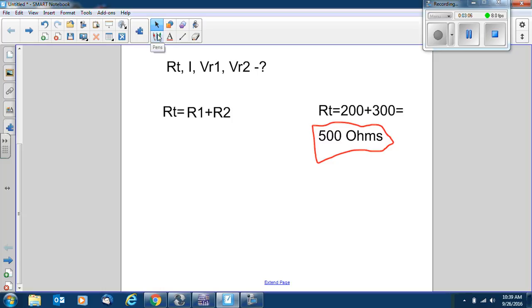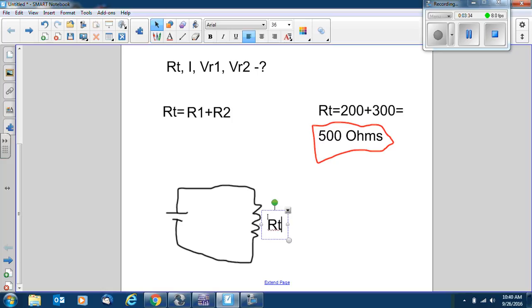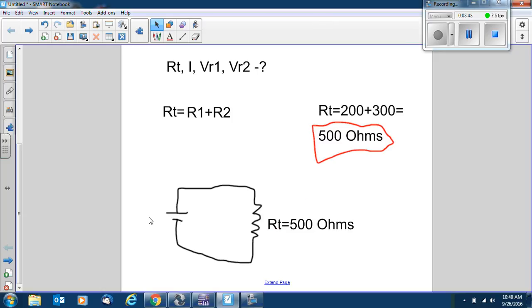We can rewrite this particular circuit diagram like this. Here's my battery. And I will say that I have only one resistor. But instead of 200 and 300, it's going to be exactly 500 ohms. This resistor is going to be R total. And this is still the same battery I've had.